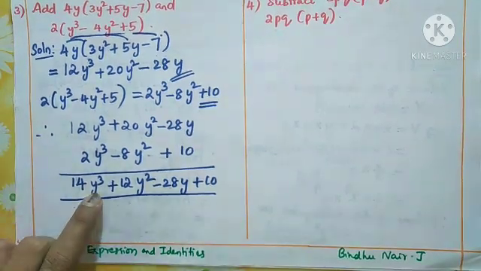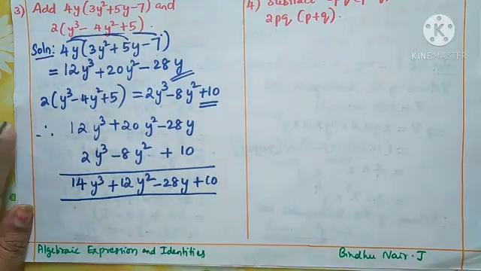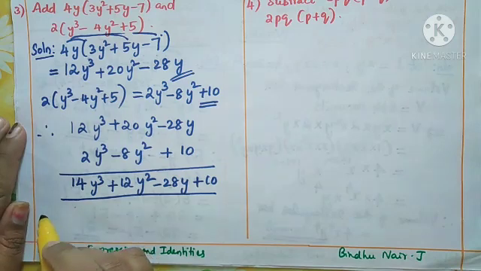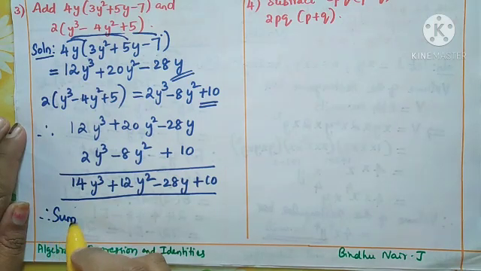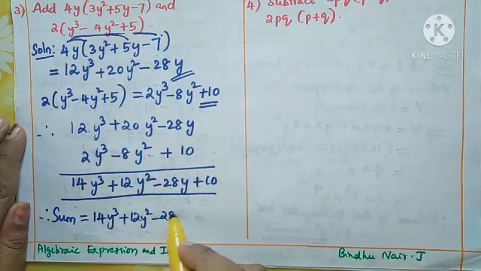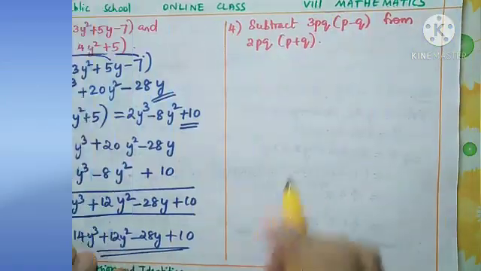So y cube, y square, y and a constant number. Understand? So that is the problem. So therefore the sum, we can write sum because it is addition, equal to 14y cube plus 12y square minus 28y plus 10.